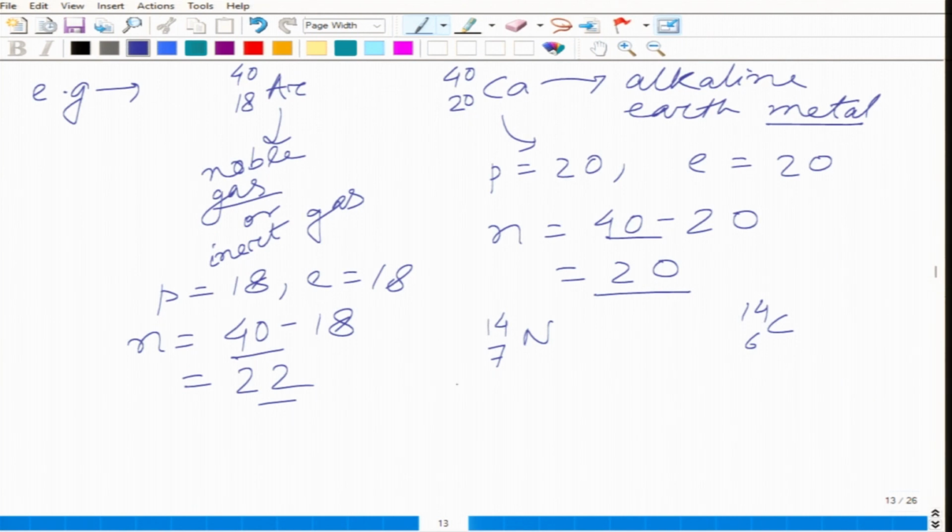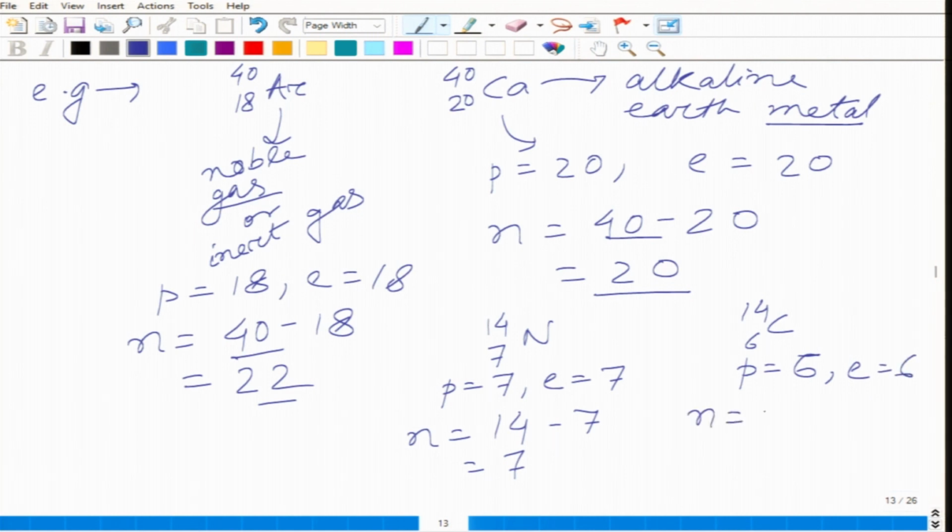In this case, nitrogen will have number of protons 7, number of electrons 7, and number of neutrons 14 minus 7, that is 7. For carbon, protons 6, electrons 6, and neutrons 8. It is only for this isotope of carbon.